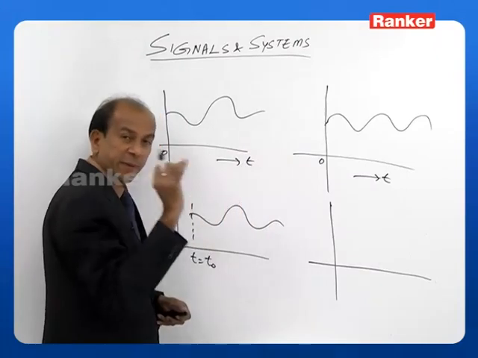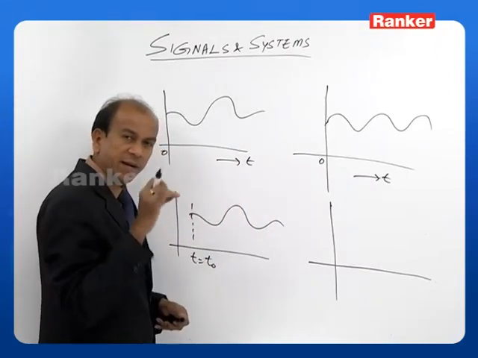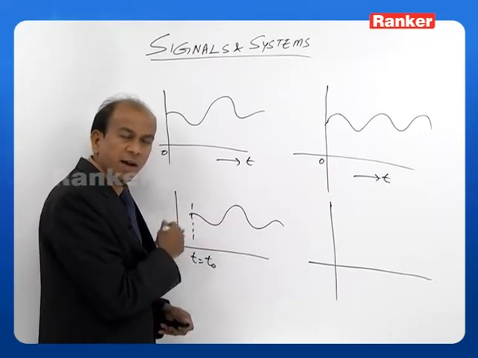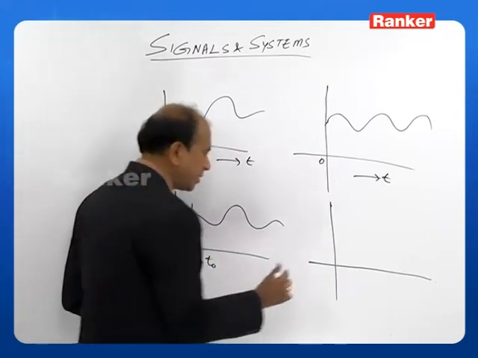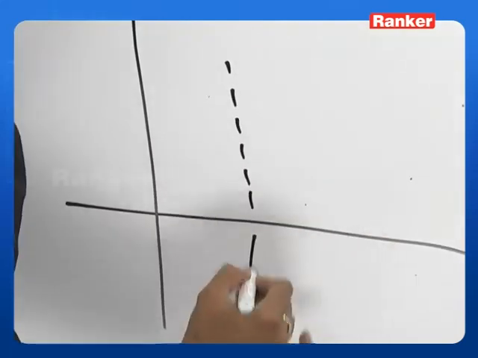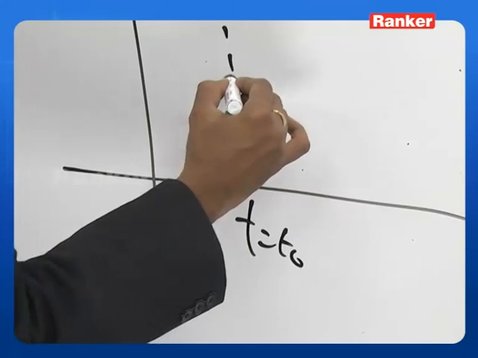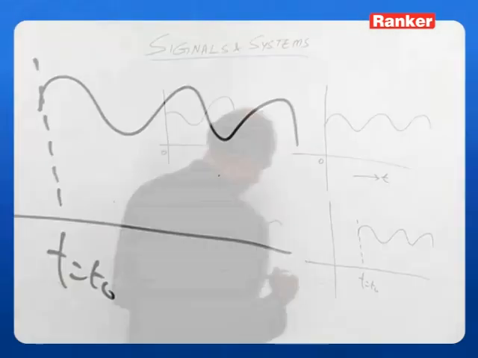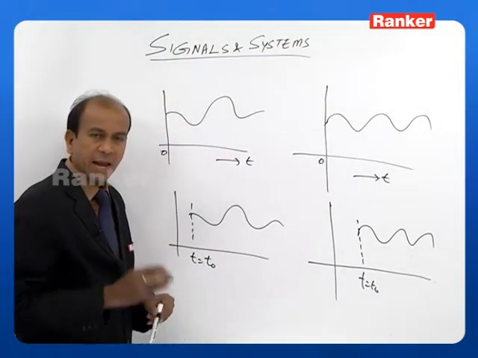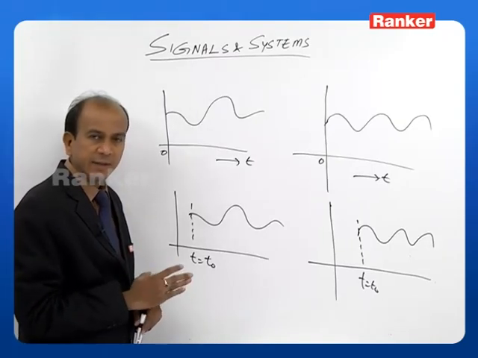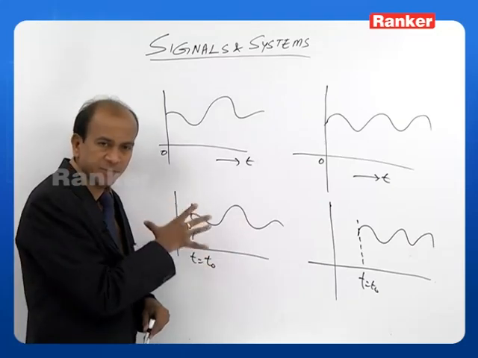That means the output response remains same, but it will be delayed by the factor equal to the time delay of the input. So we try to put the same shape here. When this happens, it is said that the system is time invariant.